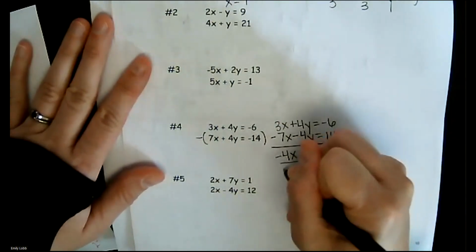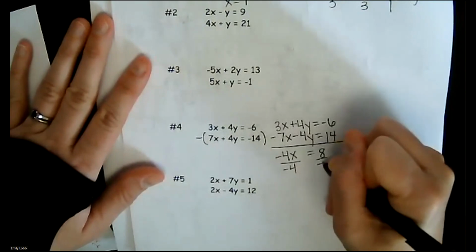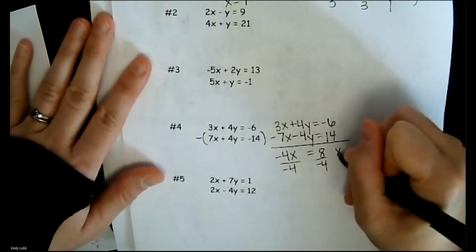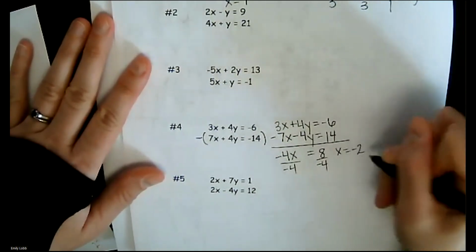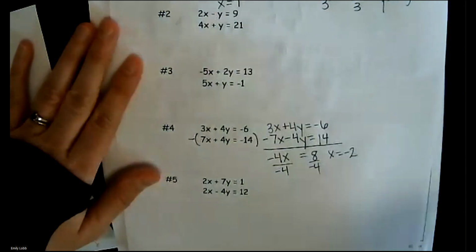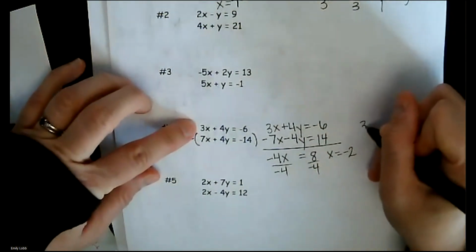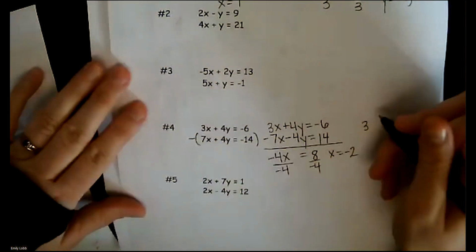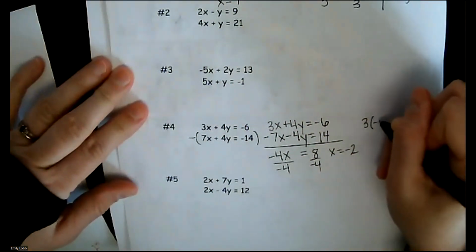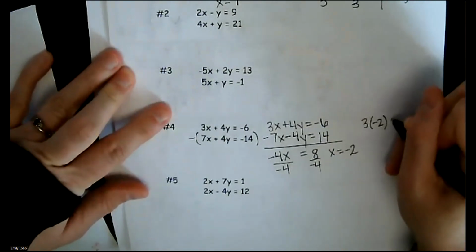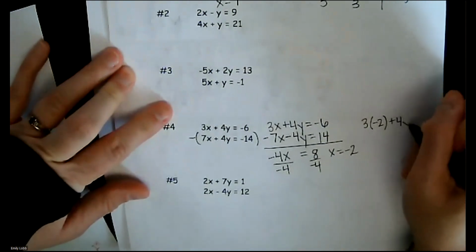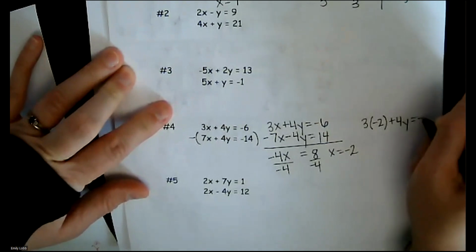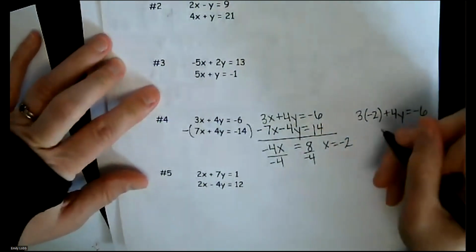When I divide both sides by negative 4, x equals negative 2. If I throw that back into here, make sure you're showing all of your work for getting both values. So you should be showing how you're putting a negative 2 in for x into one of the equations and then solving for y.